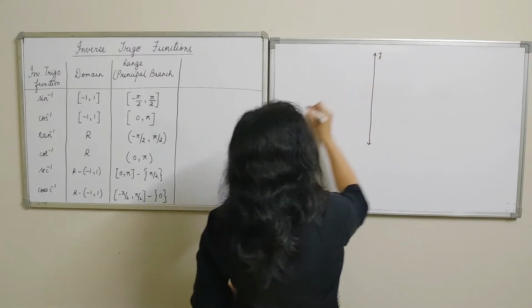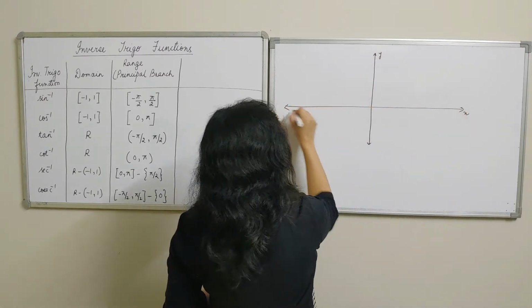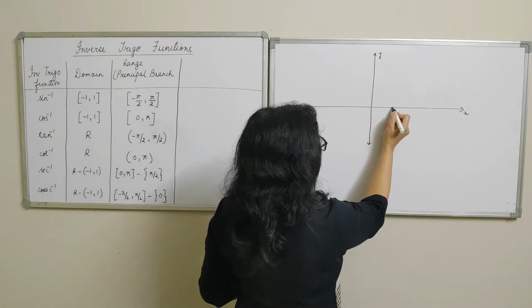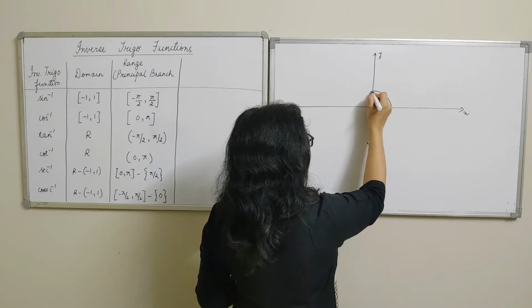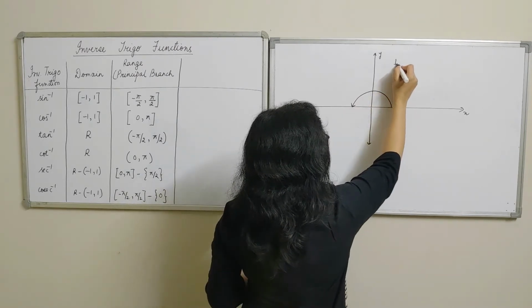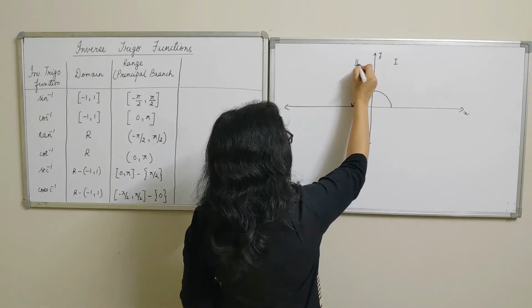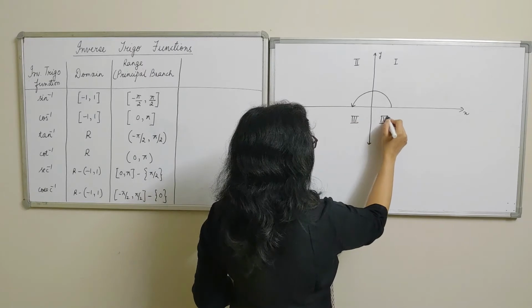So y-axis, x-axis. Now you know that if you start measuring the angles from the positive x-axis and you move in the anti-clockwise direction, you have positive angles. So the first quadrant, second quadrant, third and the fourth quadrant.